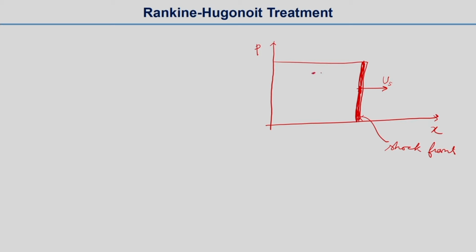When we say behind the front, it means this way, and ahead of the front is this way, because the shock wave is traveling from left to right. The particle velocity behind the front is up, and the particle velocity ahead of the front is u naught.